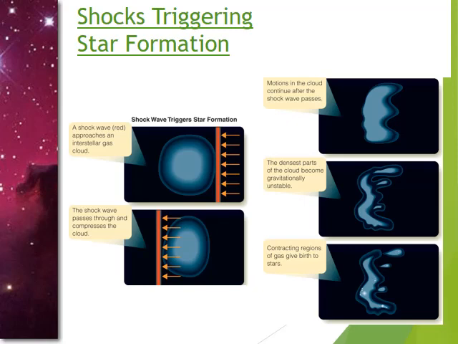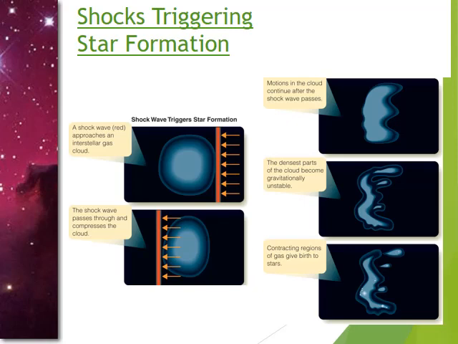Because remember, as we learned in chapter 8, when we talked about how the solar system came to be, that solar nebula theory, you start out with a cloud of gas and dust that gets contracted just enough that gravity starts to take over, and it starts to essentially crush down on itself, spinning faster and faster. And that's essentially what happens when you have this big cloud of gas and dust and a nearby shock wave that passes through.